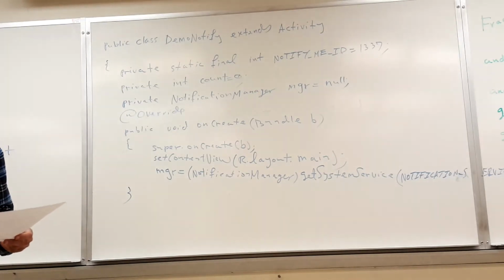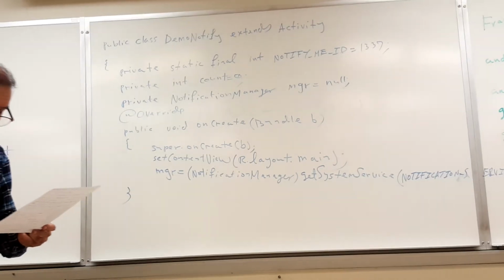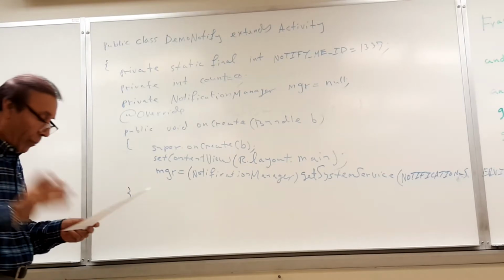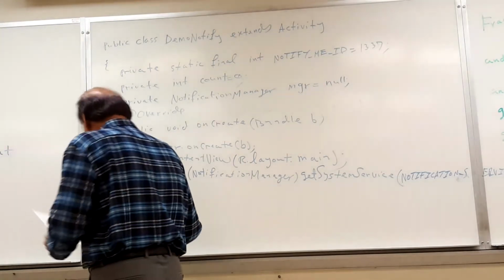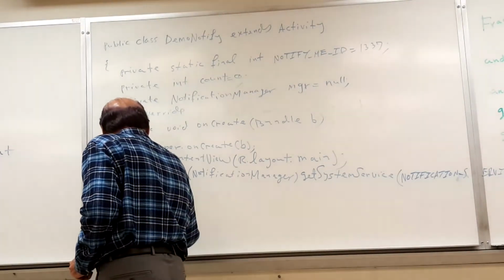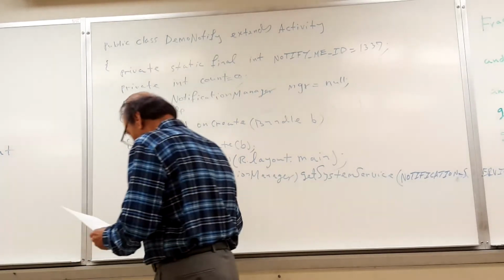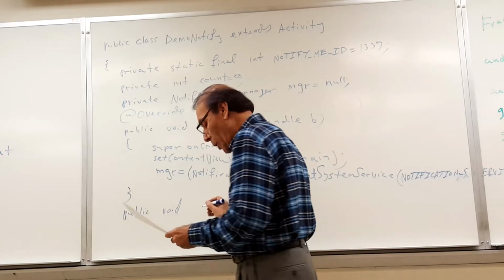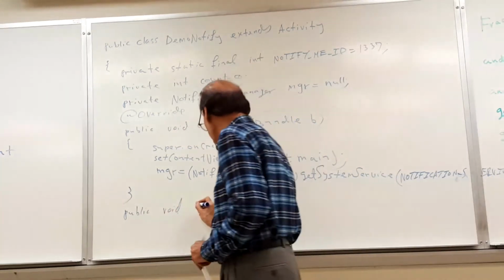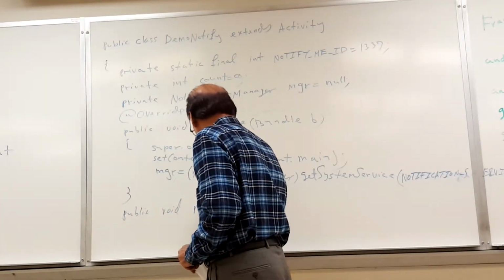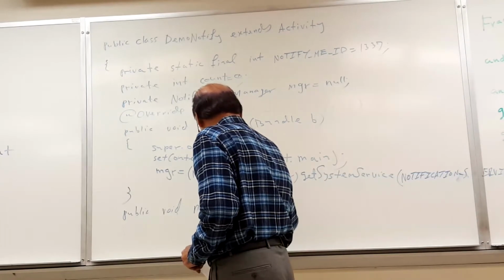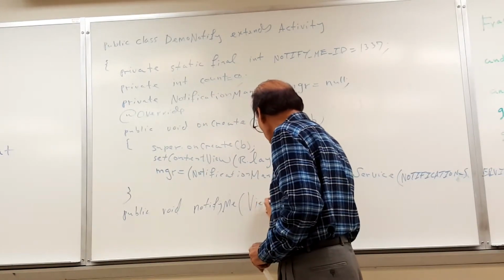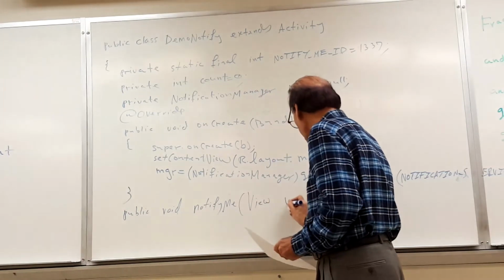We need to implement, actually not implement, we need to override a very important method, and that is public void called notifyMe. And the argument of it is View v.